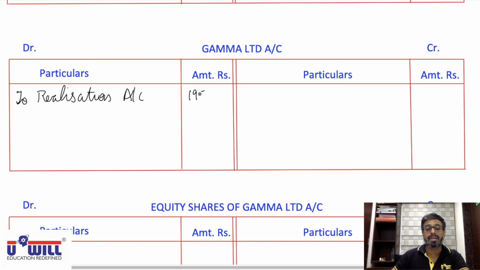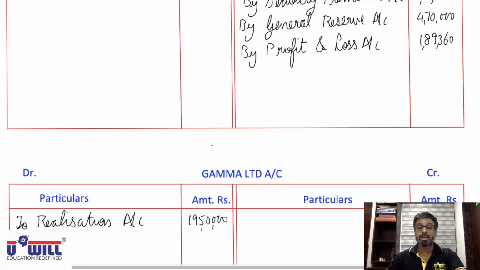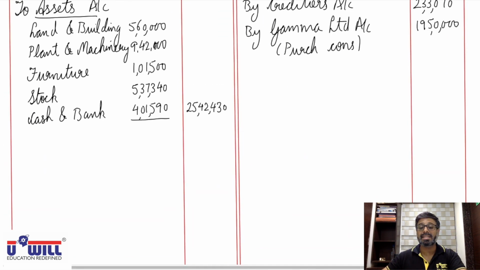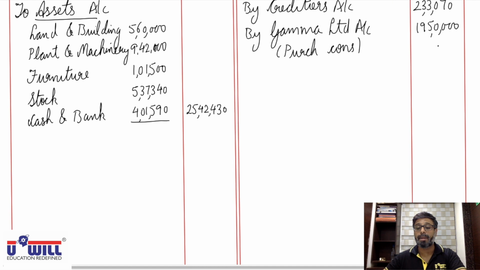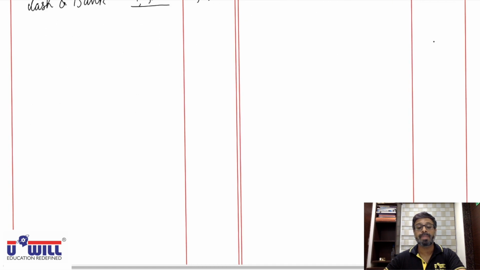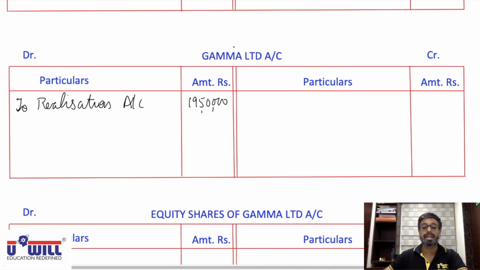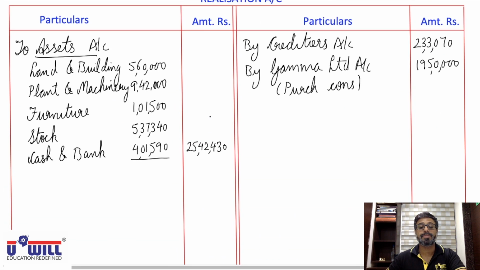Remember everyone, from the 7th entry, purchase consideration onwards, every entry will have 2 effects. The first 6 closing entries have only 1 effect because the other account gets closed.